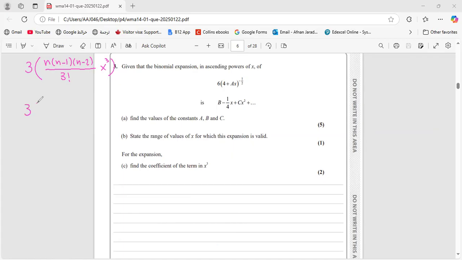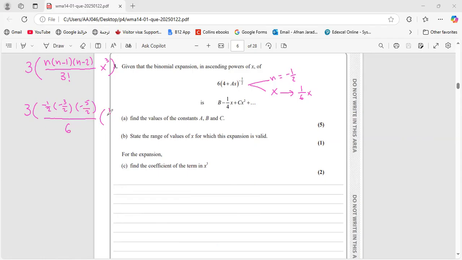So 3 multiplied by n, which equals negative half, and substitute instead of x 1 over 6x, because the value of a is 2 over 3. So this one will be negative half multiplied by negative 3 over 2 and minus 2, which is negative 5 over 2, over 3 factorial, which equals 6.